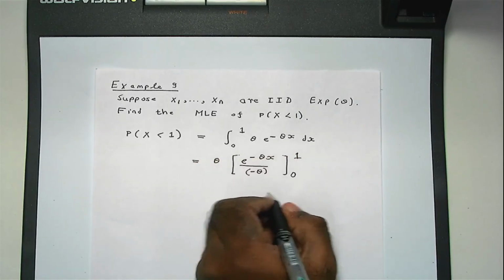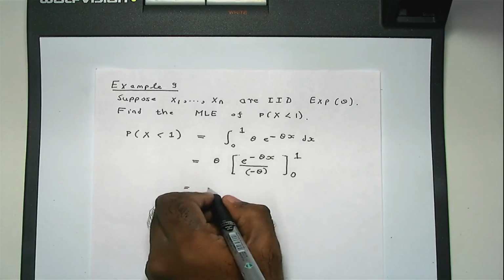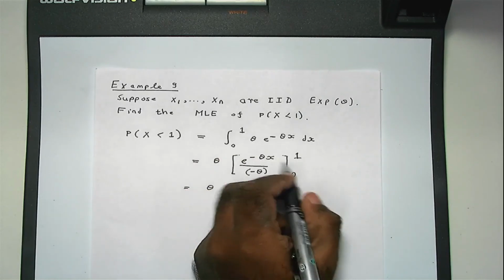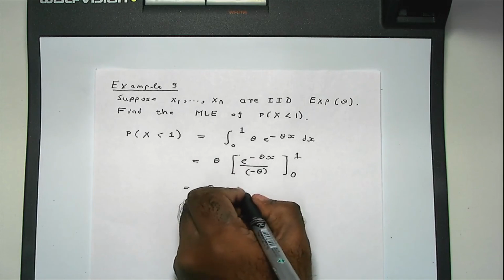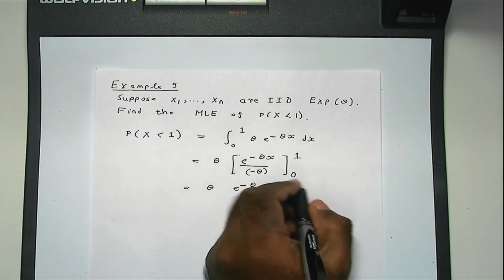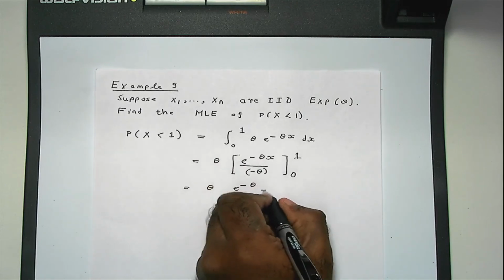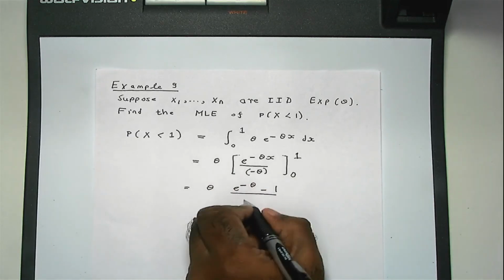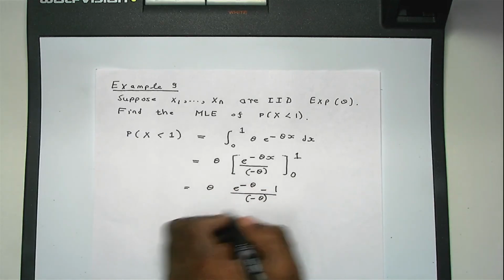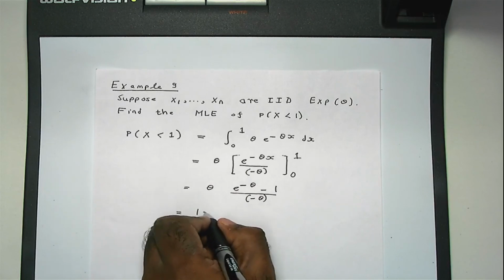This is theta times the limit at 1, which is e to the minus theta over minus theta, minus the limit at 0, which is 1 divided by minus theta. So this is going to be 1 minus e to the minus theta.